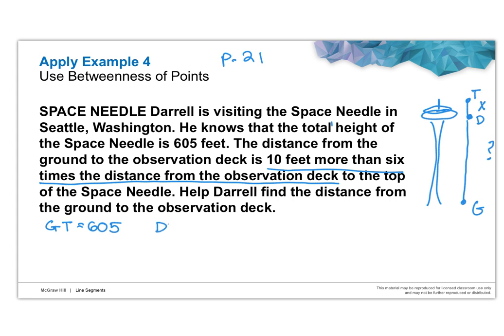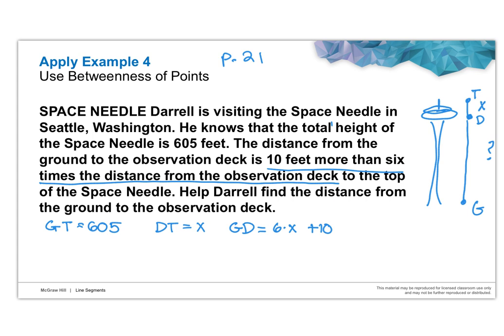So DT is x, but the ground to the deck, or GD, we can make an algebraic expression: 10 feet more than means 10 more is added on, 6 times the distance from the deck to the top, or DT. So 6 times x, since that's an unknown quantity. And now we can use the betweenness of points.